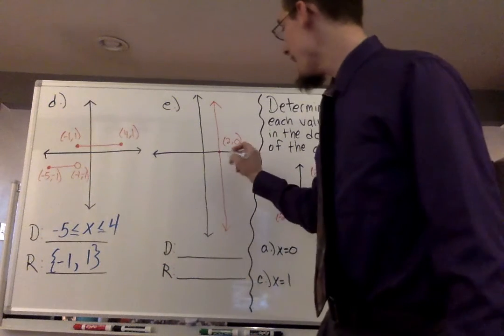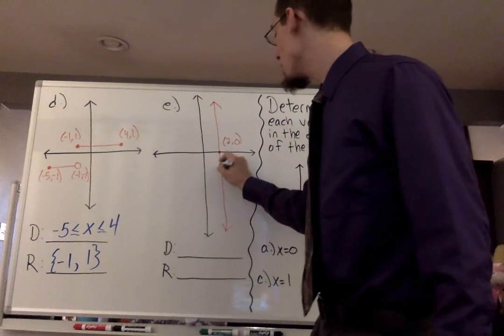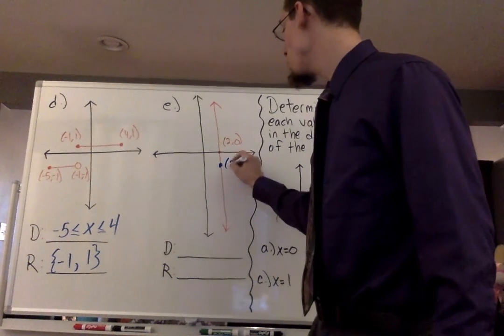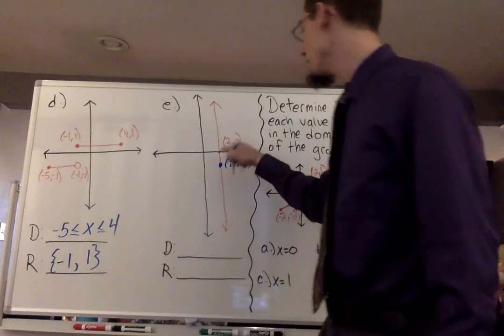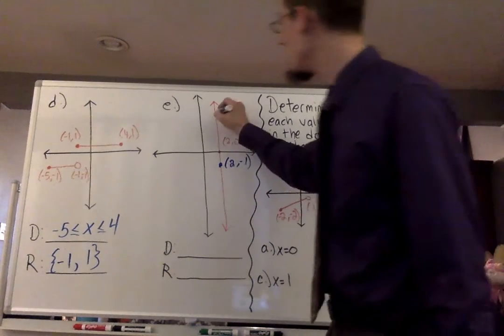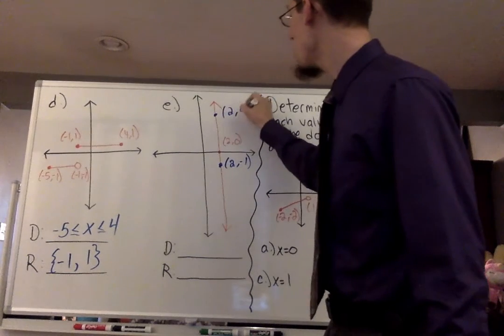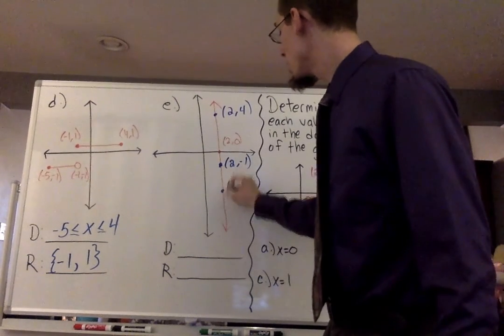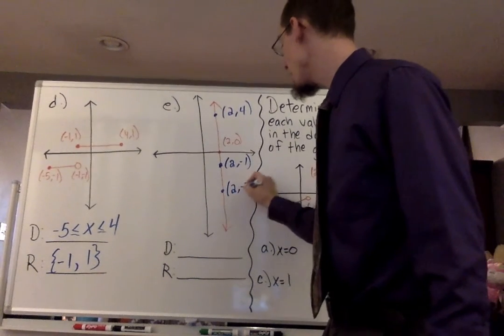If I were to write any other point on here, the x value would have to be 2, right? If this is 2, 0, this could be 2, -1. This could be 2, 4. This could be 2, -3.